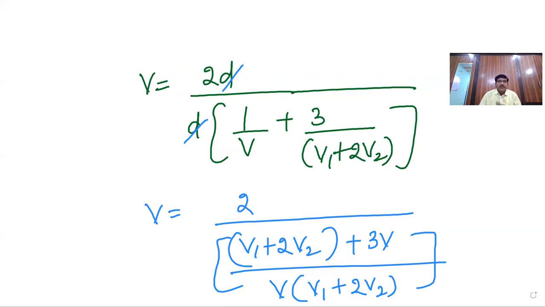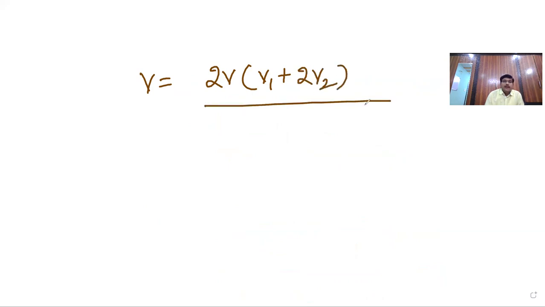Then it becomes v average equals 2v into v1 plus 2v2 divided by v1 plus 2v2 plus 3v.